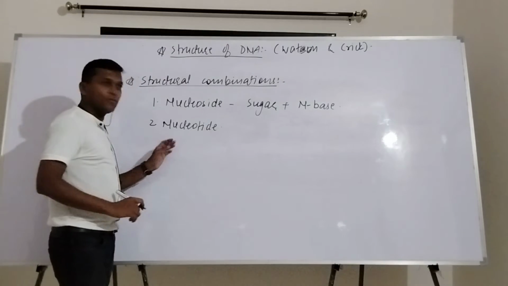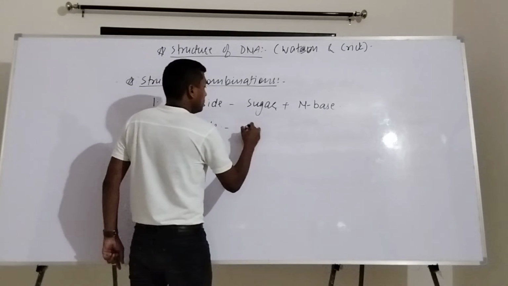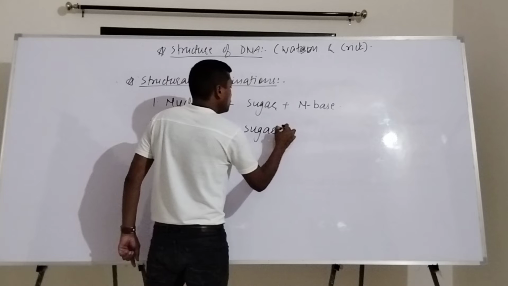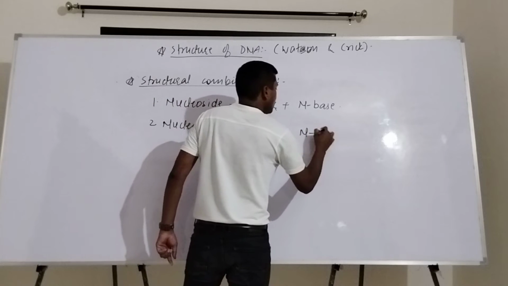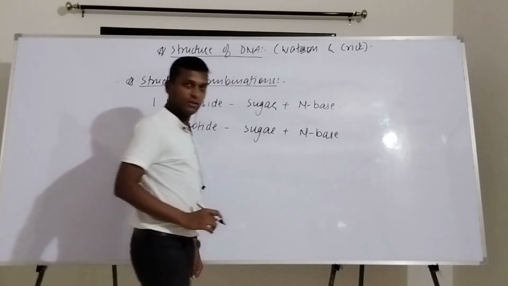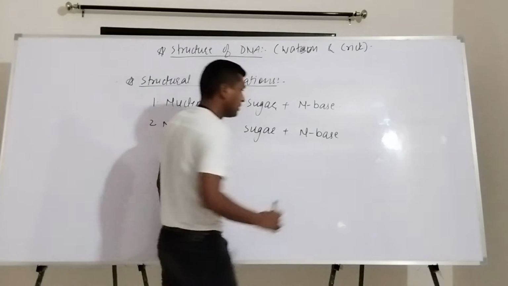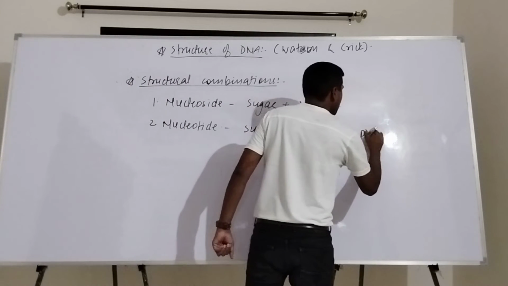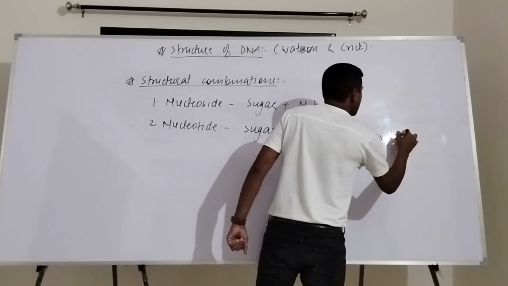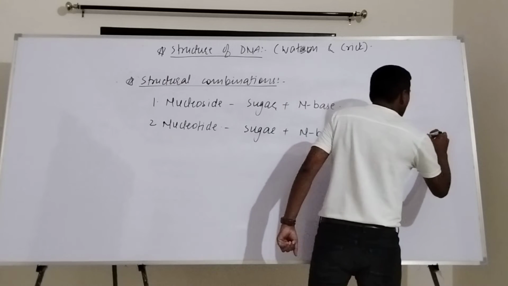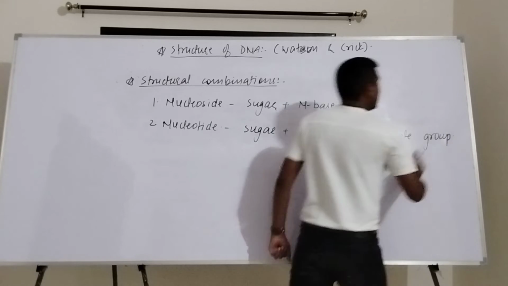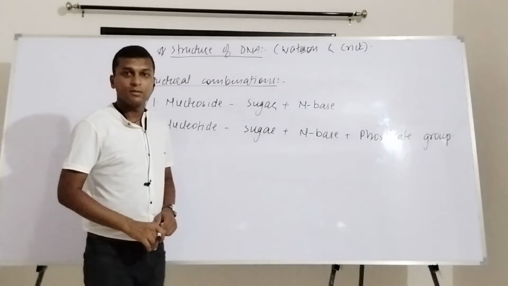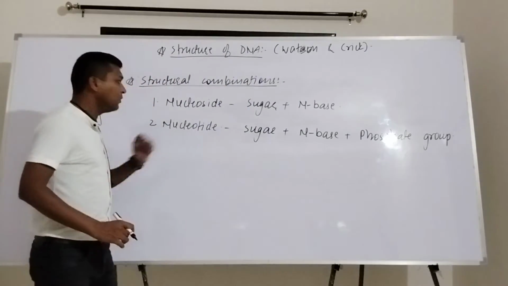But in case of a nucleotide, when the third component, the phosphate group, combines with this sugar and nitrogenous base, it is called a nucleotide.